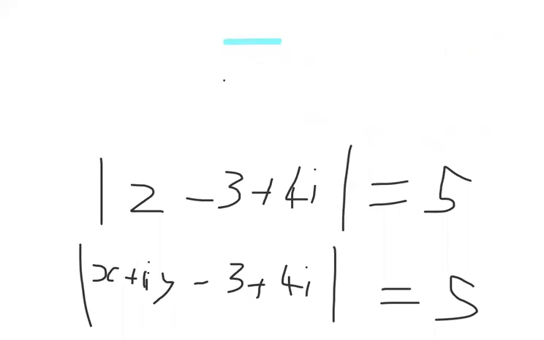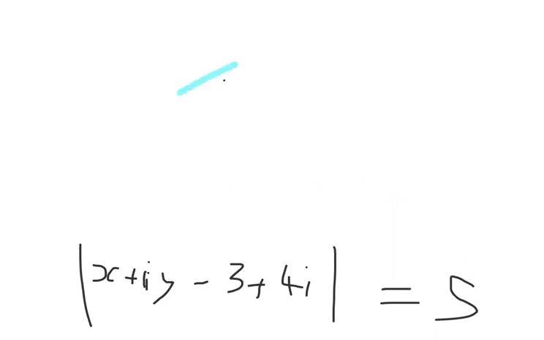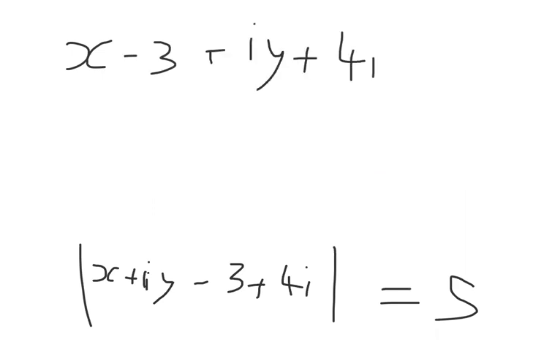Okay, so x plus iy minus 3 plus 4i equals 5. Now let's group the like terms. Let's put x minus 3 together and iy plus 4i together, as you want the i's to be together. Modulus of that equals 5.